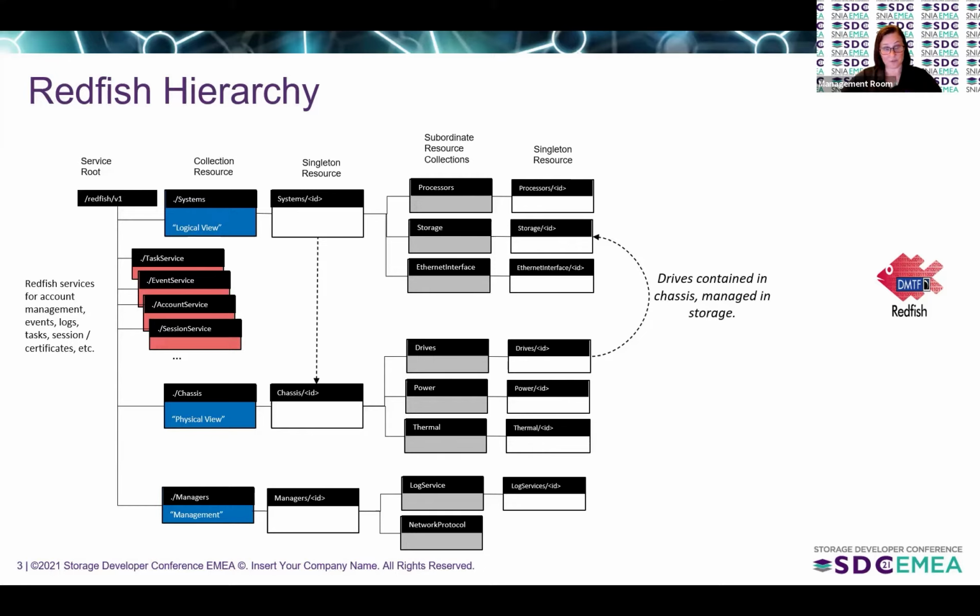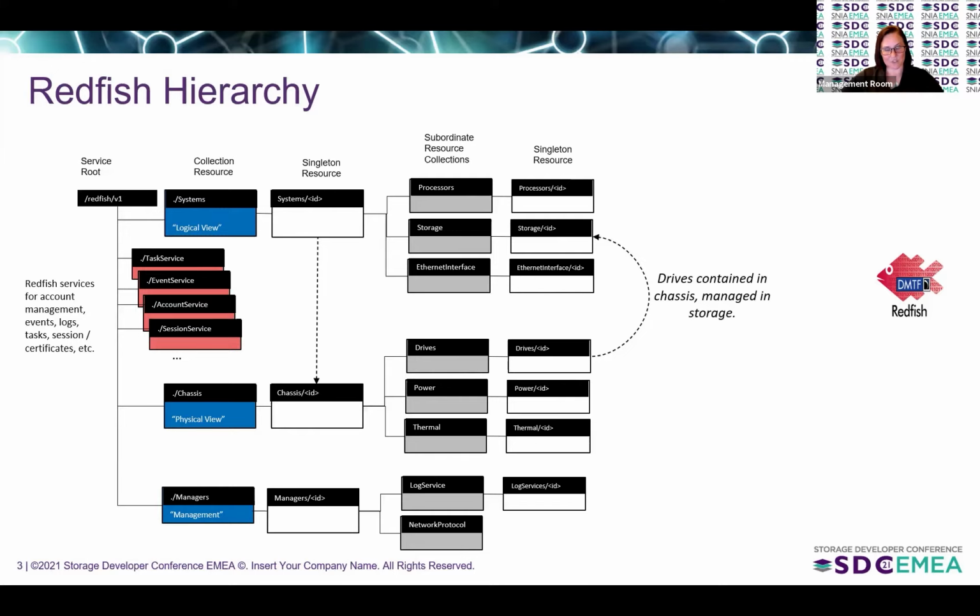The physical view is structured similarly. The physical views for all of the objects in the Redfish hierarchy are represented under a /chassis. So similarly to the /systems collection, /chassis also hangs off the service root. So that'll be at /redfish/v1/chassis.